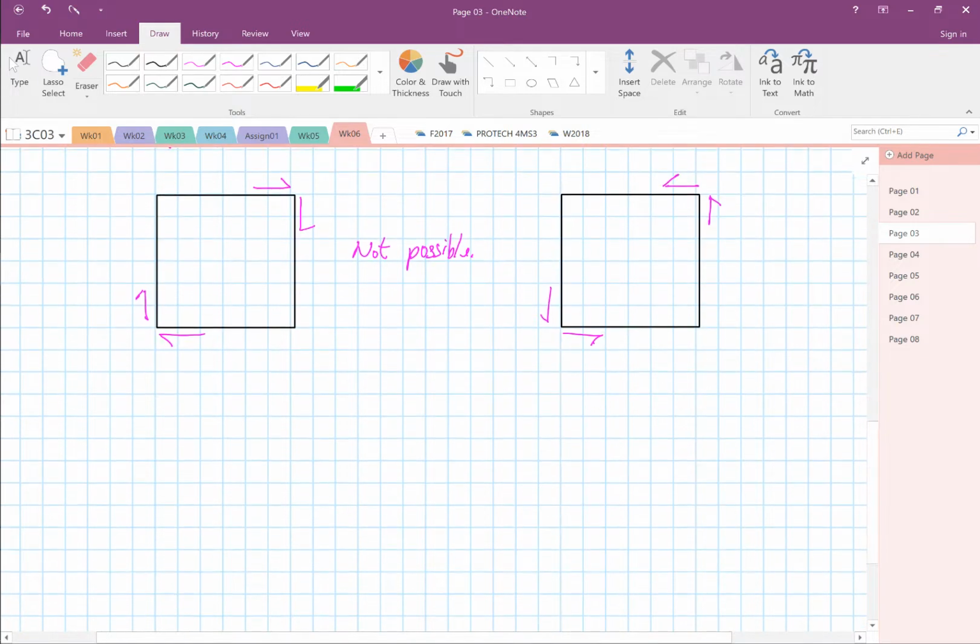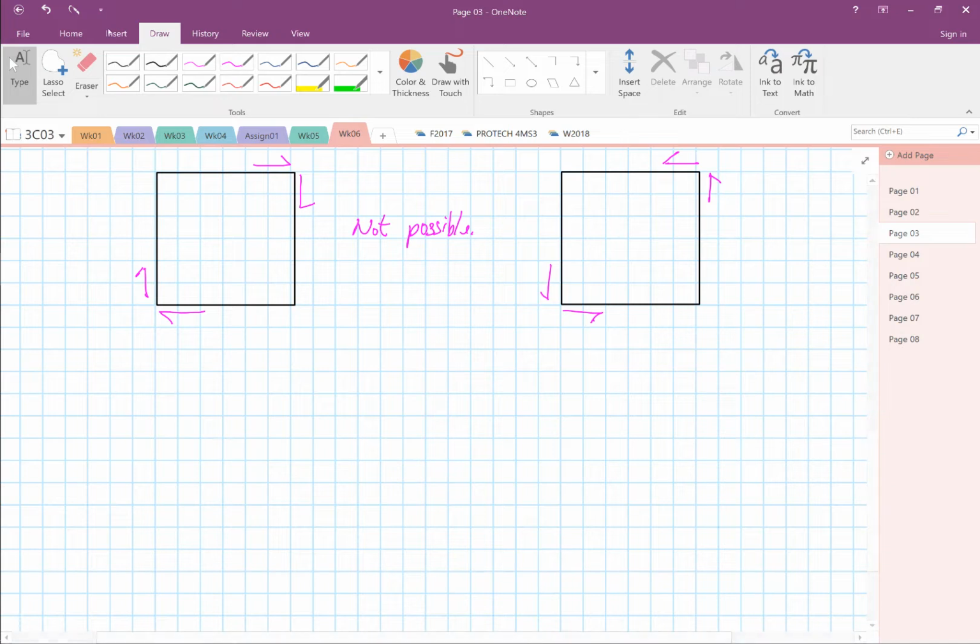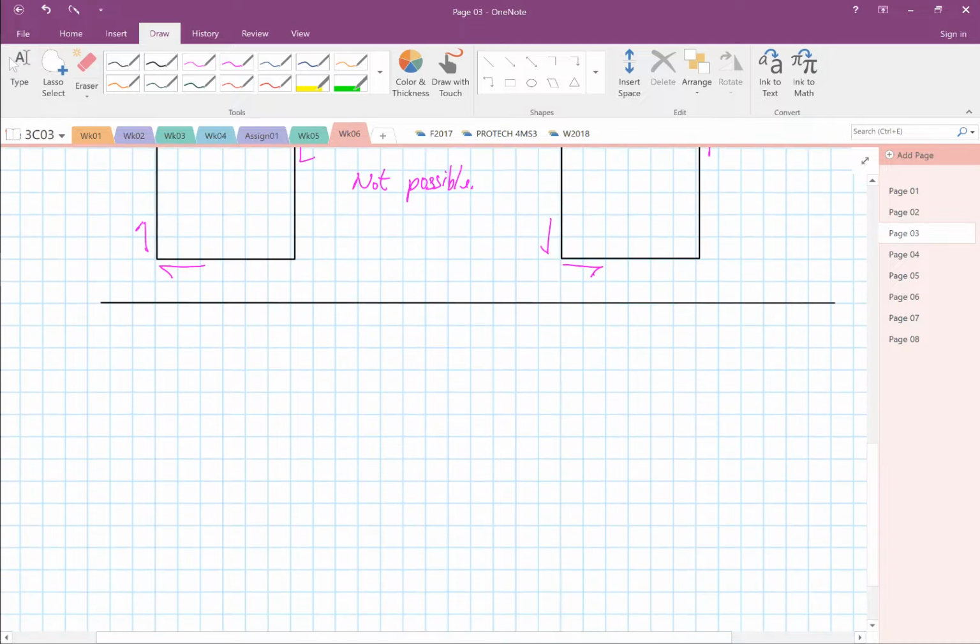Okay, now the next thing I'm going to do is how are we going to relate the element to Mohr circle. Okay, so I'm going to deal with positive shear first. Okay, I'm going to do positive shear.